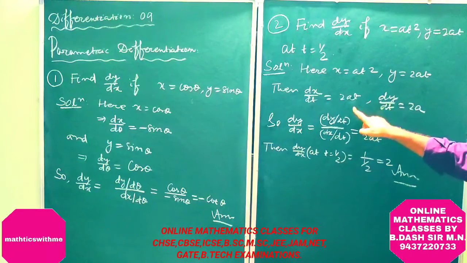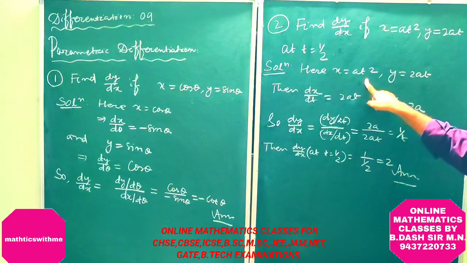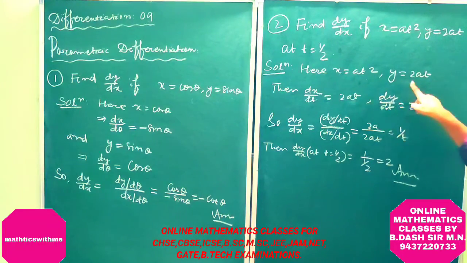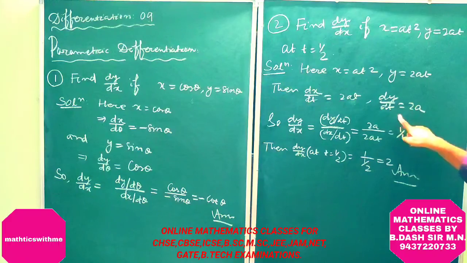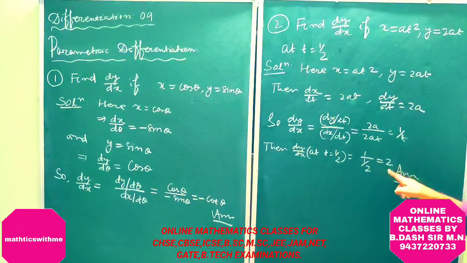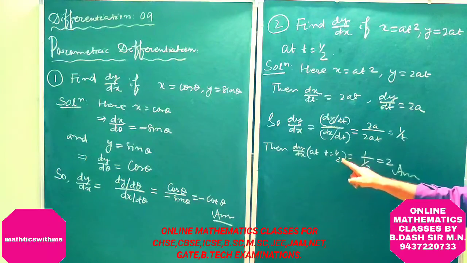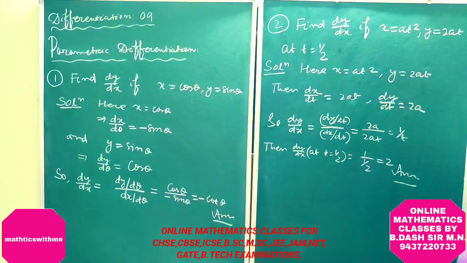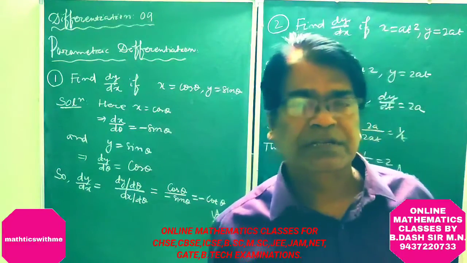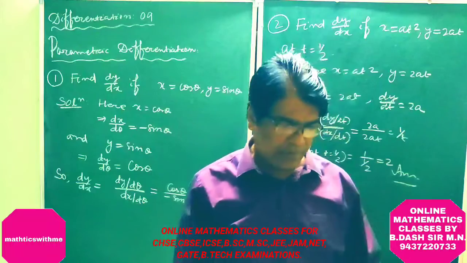Now x is given, which is a function of t, dx by dt is equal to 2at, y is equal to 2at, dy by dt is equal to 2a. Now dy by dx is equal to 1 by t, therefore dy by dx at t is equal to half is equal to 2. Answer. So our second problem is solved. Let us proceed to solve the third problem.